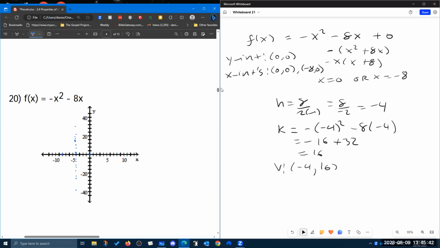So (-1, 7) is right about there. Then there would be something over here that would be symmetric to that. That's the idea of getting the axis of symmetry, so that you can use the fact that it's symmetric to plot the points that are on the other side. So something like that.